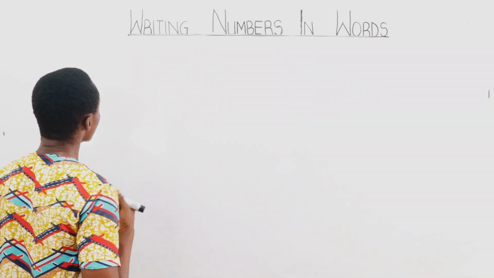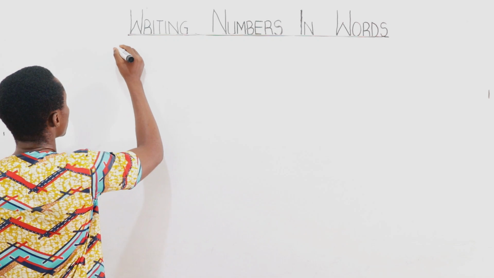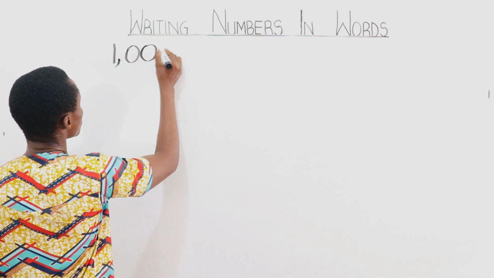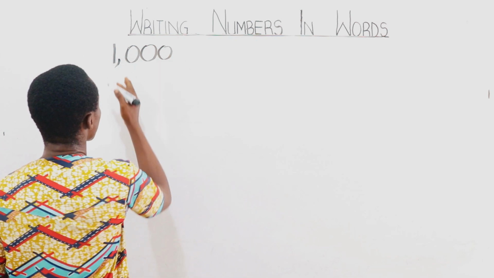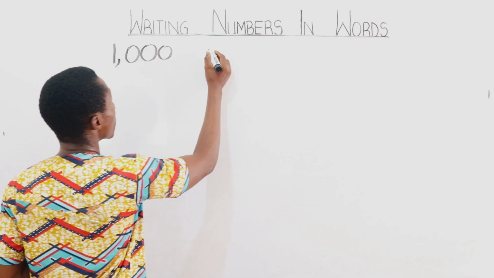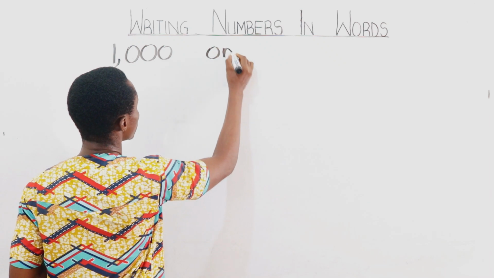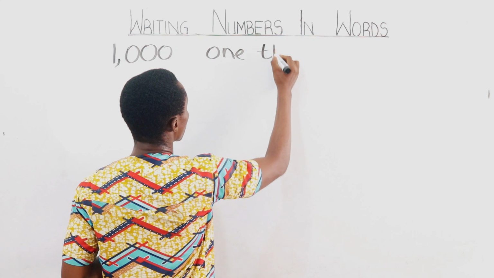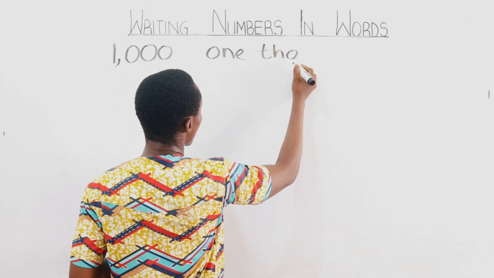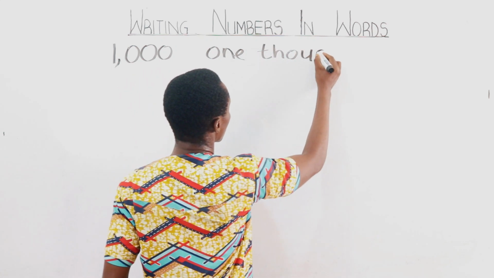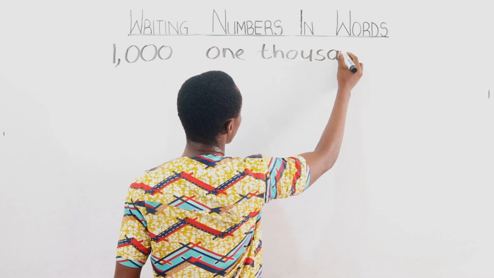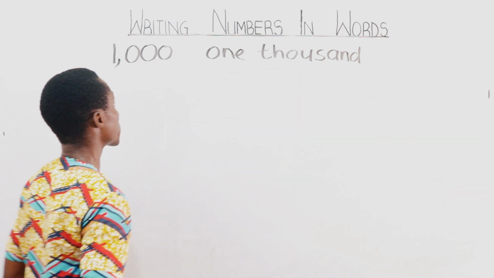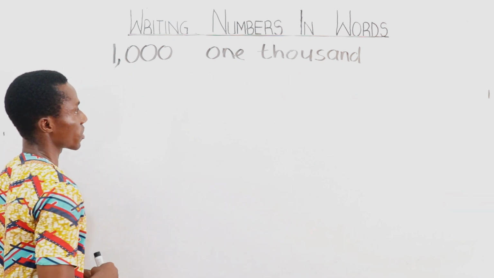So the first 1,000 is 1,000. Okay? And 1,000 is 1. And then 1,000 is T H O U S A N D. 1,000 in words.